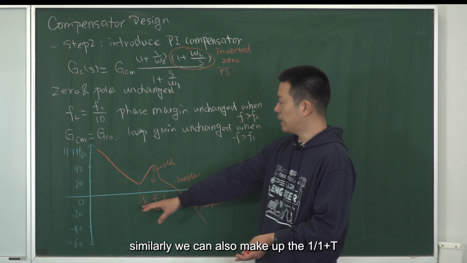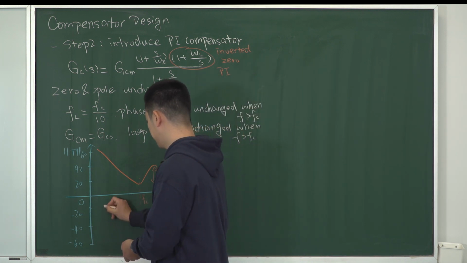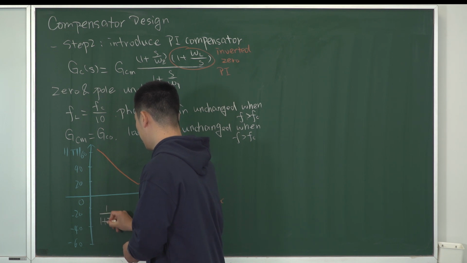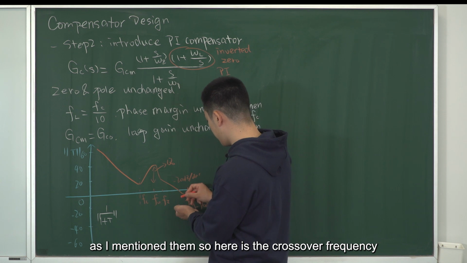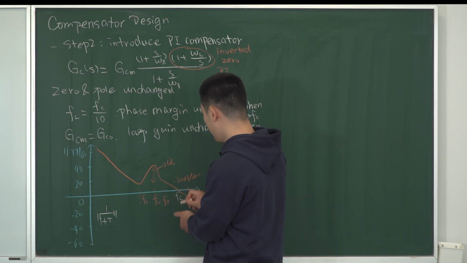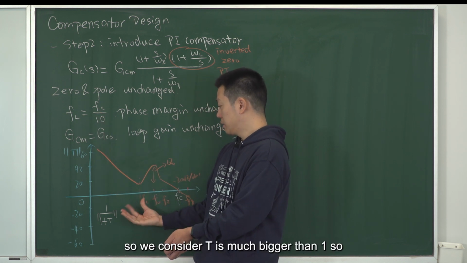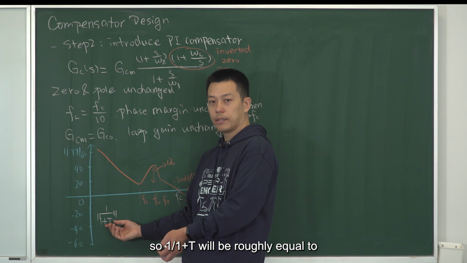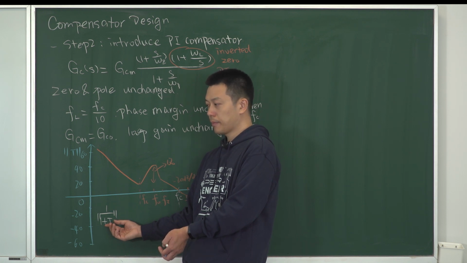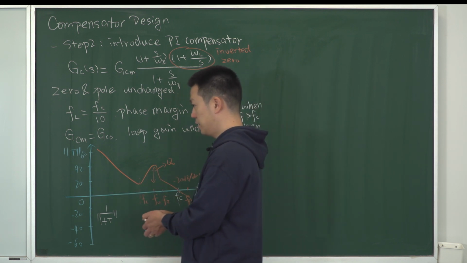And similarly, we can also make up the 1 over 1 plus T magnitude plot. As I mentioned, here is the crossover frequency. So below the crossover frequency, T is pretty high, so we consider T is much bigger than 1. So 1 over 1 plus T will be roughly equal to 1 over T. So it's just the mirror of T, right?